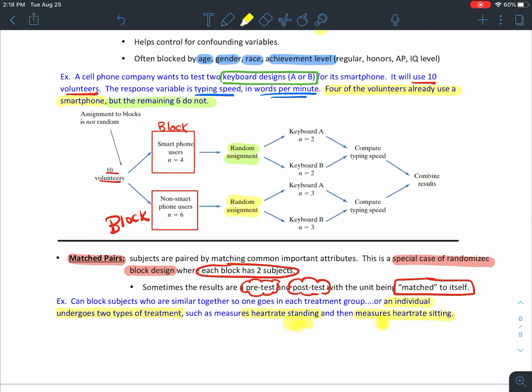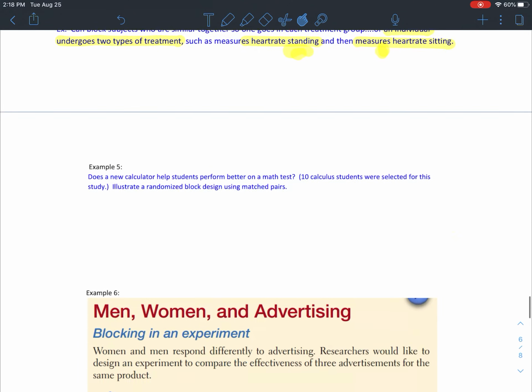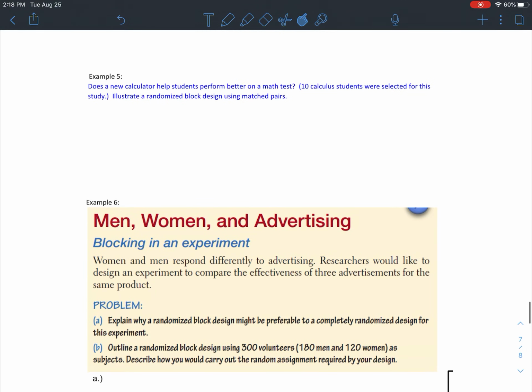Those are the 2 treatments, okay? And then you would compare those against themselves. That would make more sense than comparing one person's standing heart rate to a different person's sitting heart rate. Like children, for instance, they have a much faster heart rate than adults. So it makes more sense to compare your heart rate standing and sitting with the same person. And again, that is a matched pairs design.